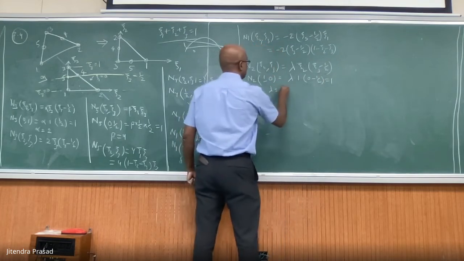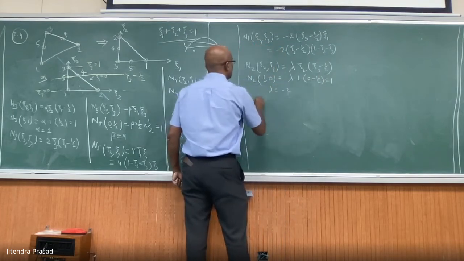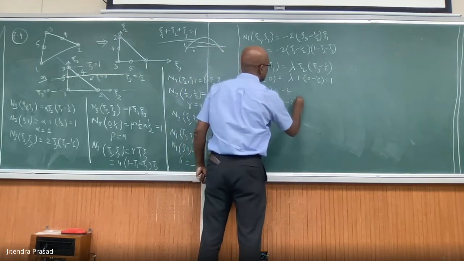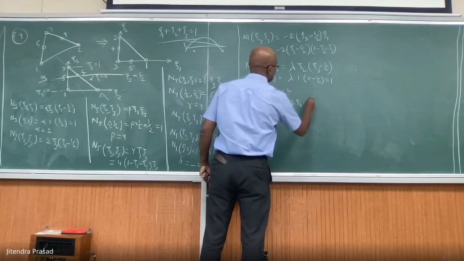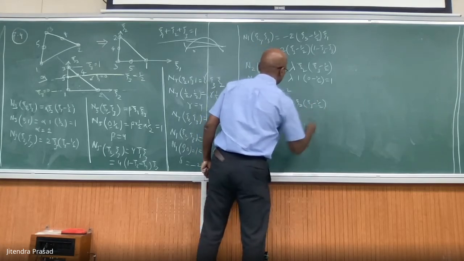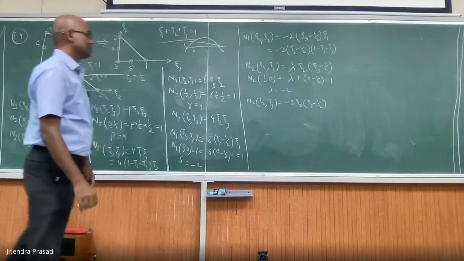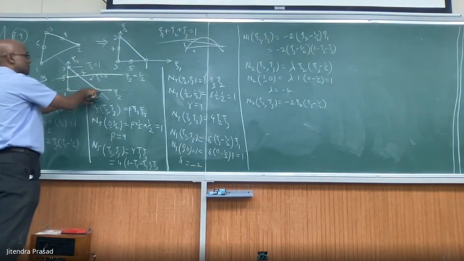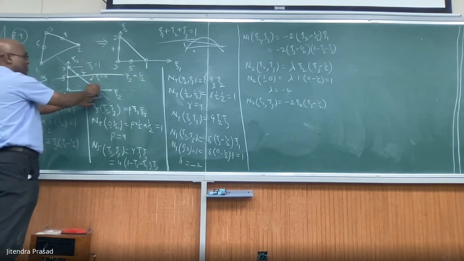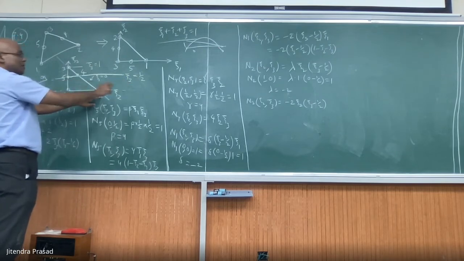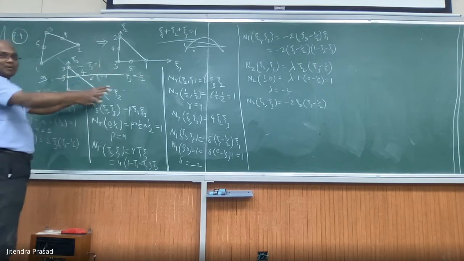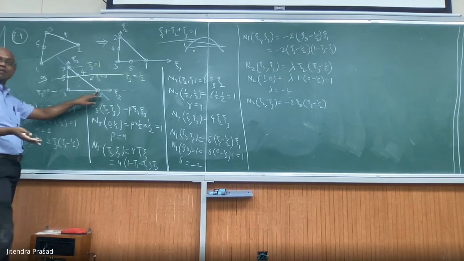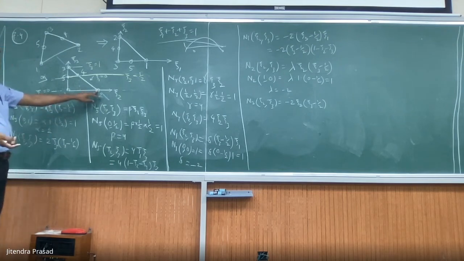So lambda is minus 2. So N2(xi2, xi3) is equal to minus 2 xi2 (xi3 minus half). Since xi3 is equal to half along this line, the second term becomes constant, and it varies with xi3 linearly.